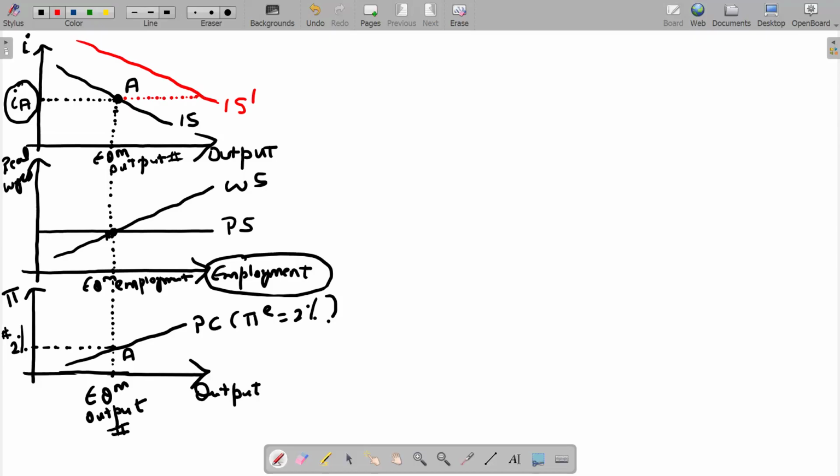We reach somewhere here. This is a high output level. Let me call this point B. You can clearly see that the interest rates at point A and point B are the same. So I can write here that IA is equal to IB.